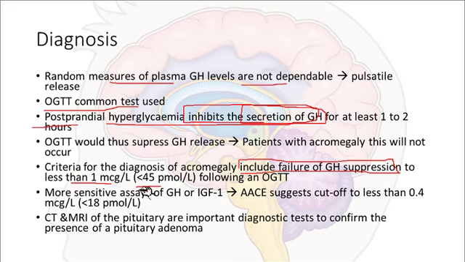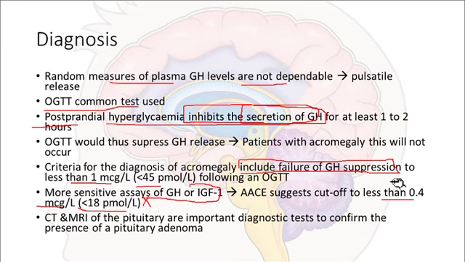More sensitive assays of growth hormone and insulin-like growth factor can sometimes be used, and in that scenario, the American Association of Clinical Endocrinologists suggests the cutoff of less than 0.4 micrograms per liter and less than 18 picomoles per liter to exclude acromegaly or giantism.